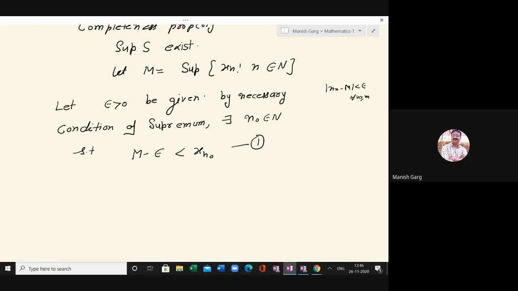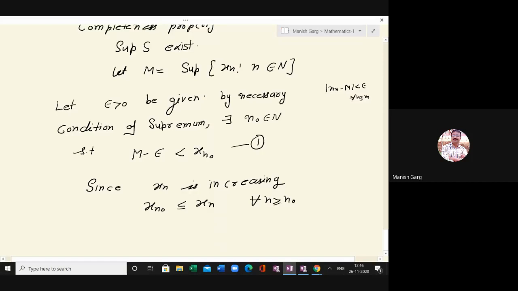Now, since Xn is increasing, you can write one thing: Xn naught will be less than or equal to Xn for all n greater than n naught.